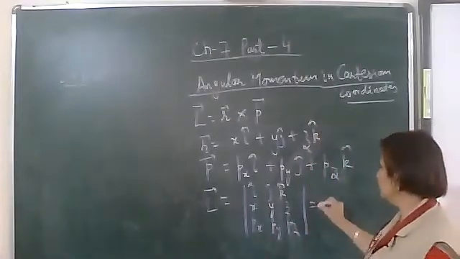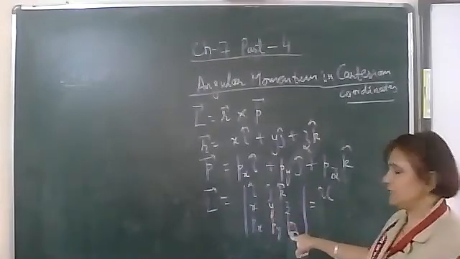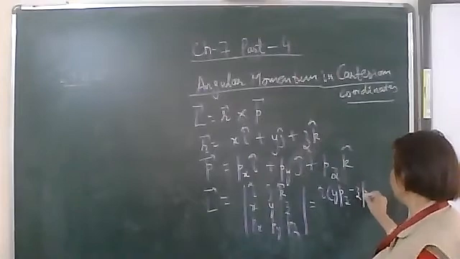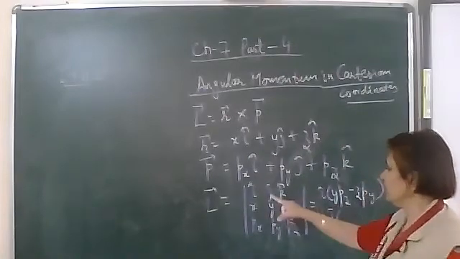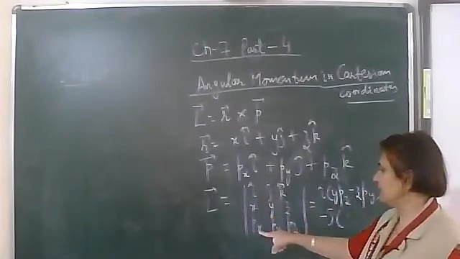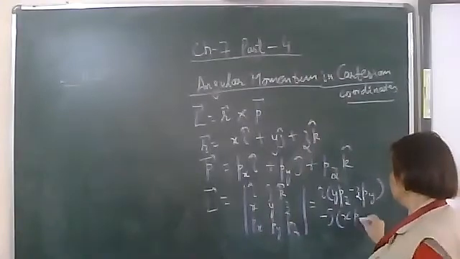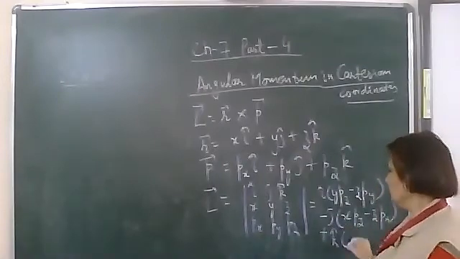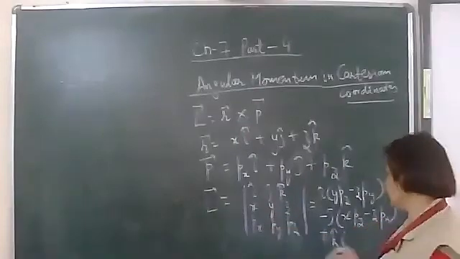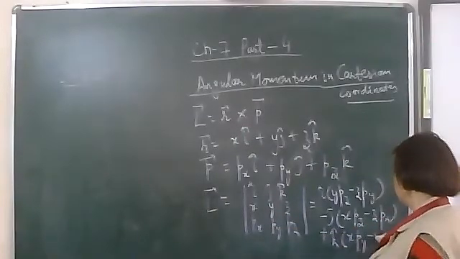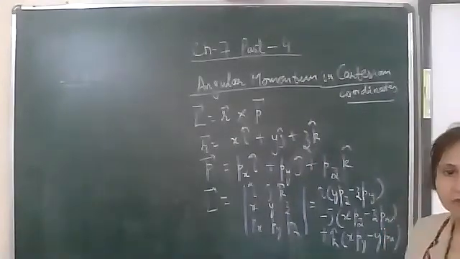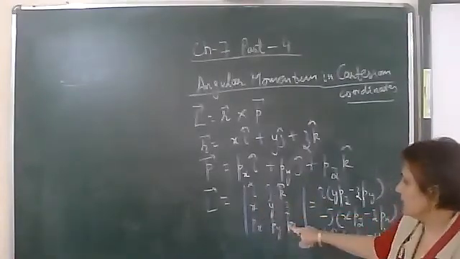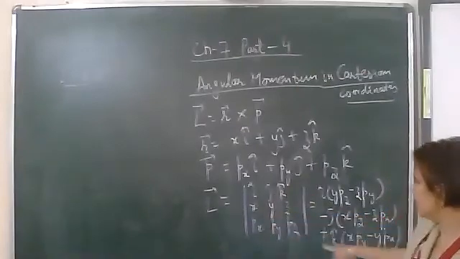Simplify by the determinant method: i cap (y pz minus z py), minus j cap, leave this row, this column, (x pz minus z px), plus k cap, leave this row, this column, (x py minus y px). So L = i cap (y pz minus z py) minus j cap (x pz minus z px) plus k cap (x py minus y px). This is equation number 1.